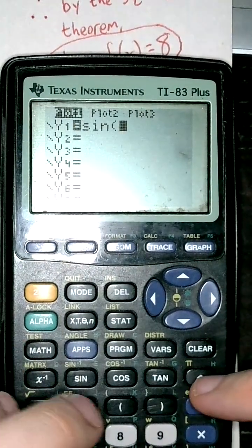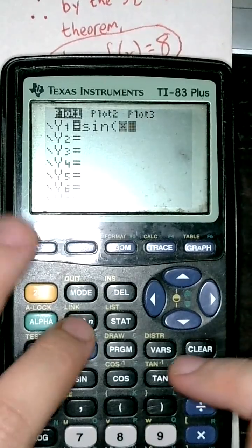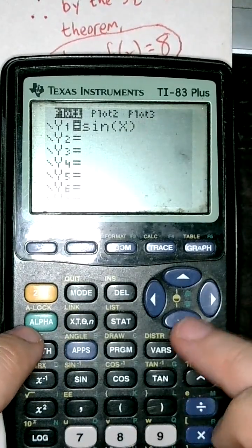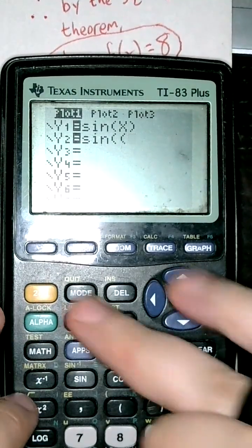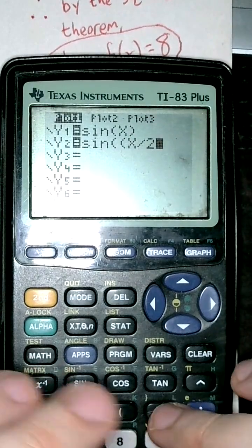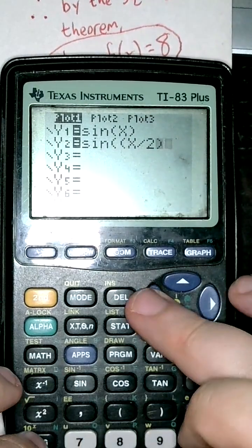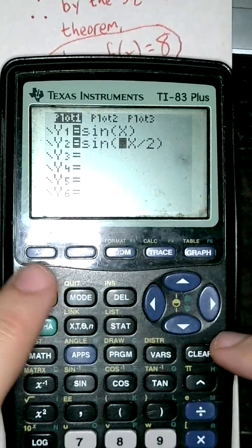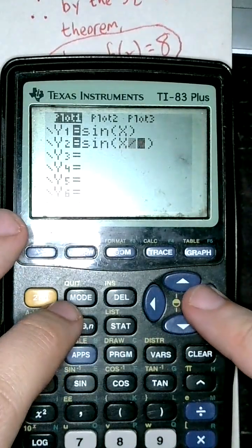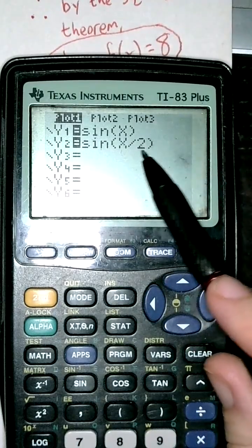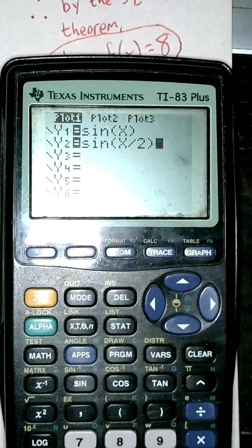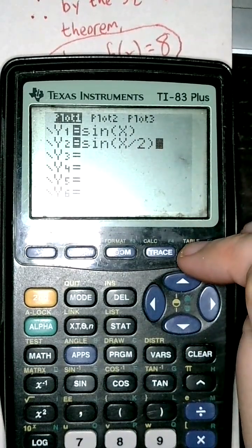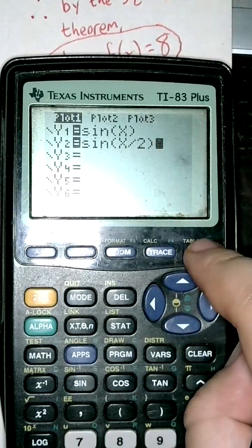So sine of x and sine of x divided by 2. Oh, I don't even need that parenthesis, do I? Right, because I'm only doing one operation inside there, so it doesn't matter. So, let's graph both of these.